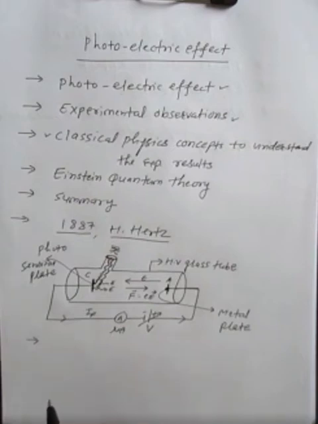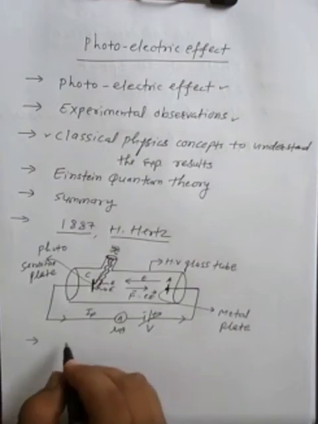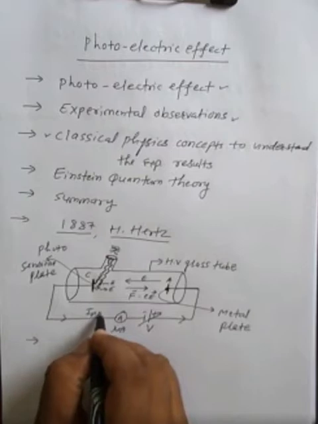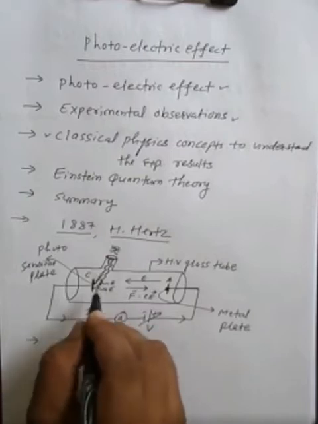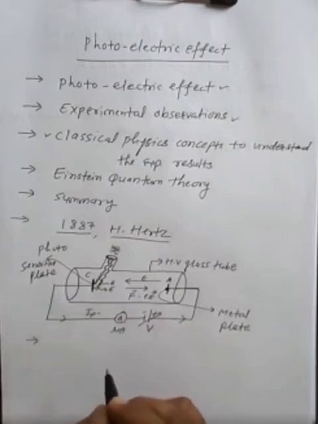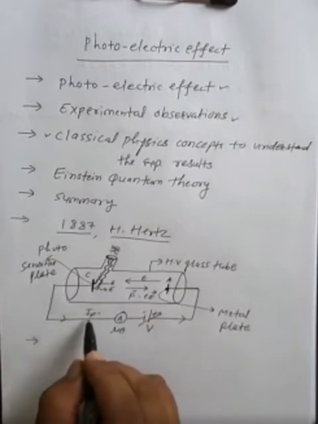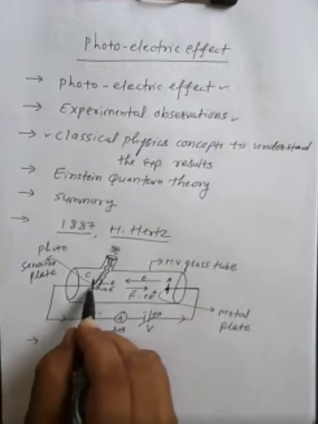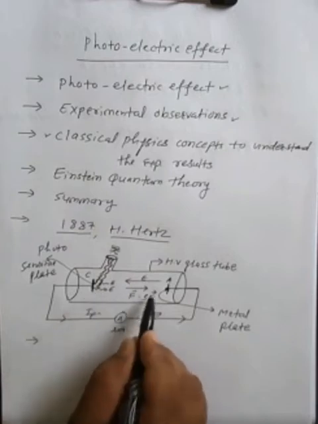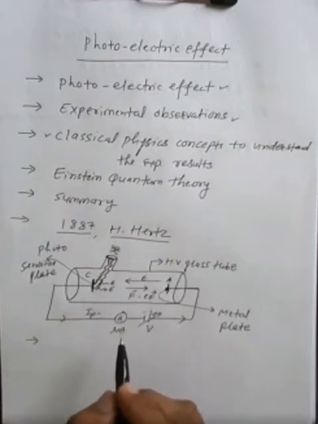So they performed the photoelectric experiment under various conditions. Let's say the variation of IP with the frequency of the light, variation of IP with the intensity of the light, variation of IP with potential difference between the plates, and also with the reverse polarity of the battery.